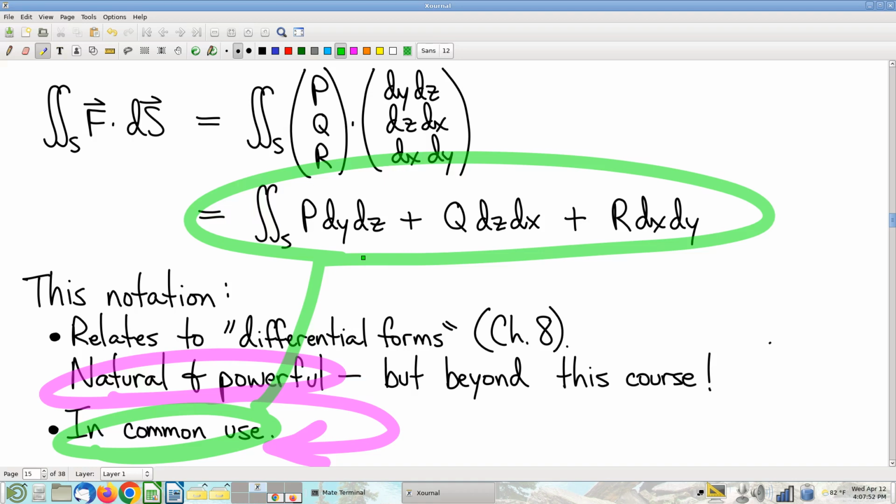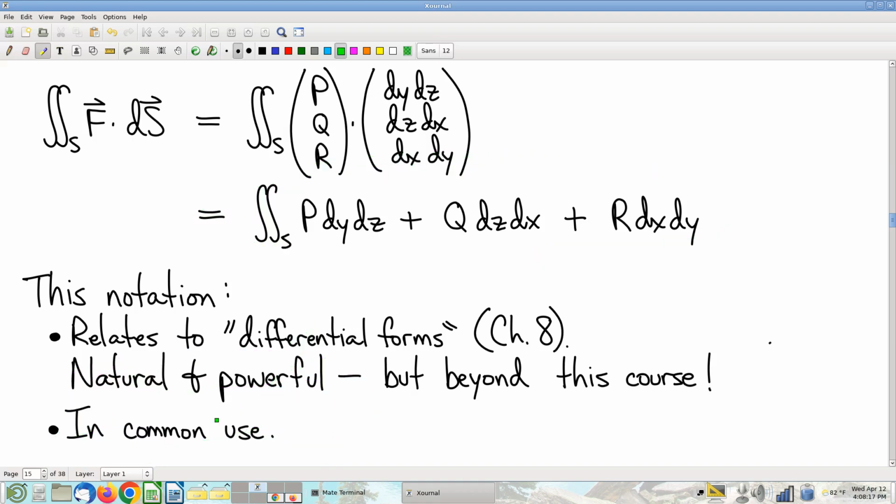They think it's great, and they use this notation all the time because, and rightly so, they love this notation because they love the differential forms. You're going to see this notation somewhere, here or there, possibly a lot. So I need for y'all to be ready for this notation when you see it, even if I'm not going to use it much, if at all, in this course. It is out there. You are going to see it, and you need to know what to do with it when you see it.